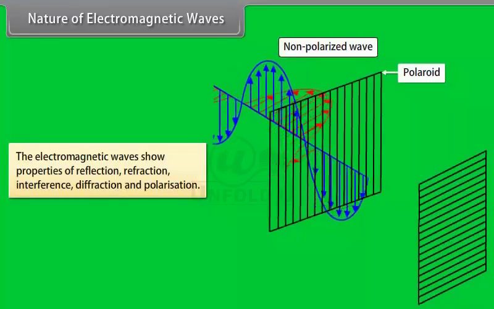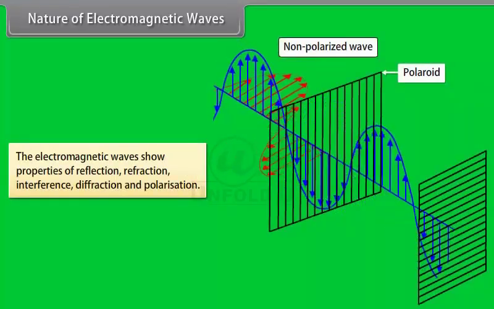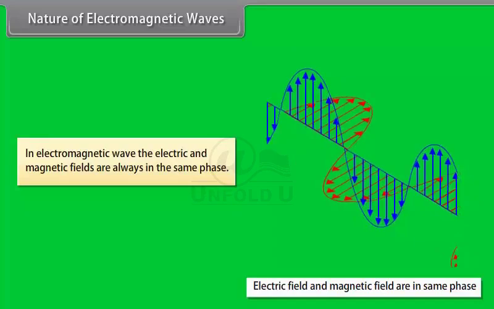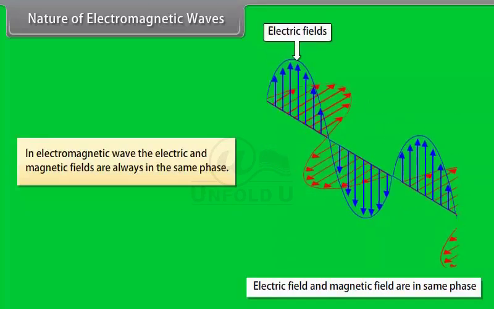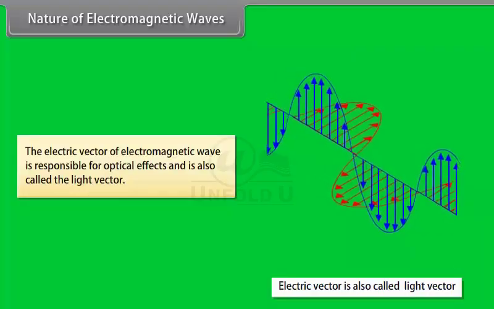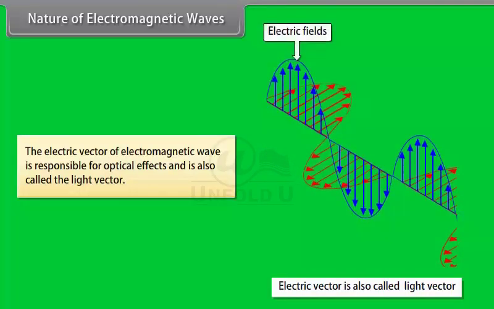The electromagnetic waves show properties of reflection, refraction, interference, diffraction, and polarization. In an electromagnetic wave, the electric and magnetic fields are always in the same phase. The electric vector of an electromagnetic wave is responsible for optical effect and is also called the light vector.